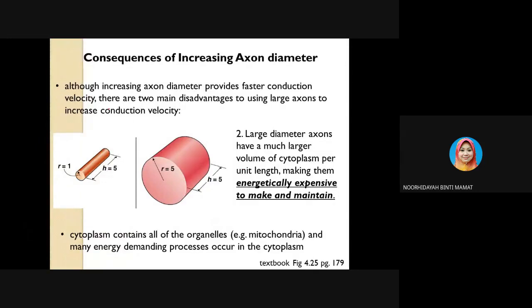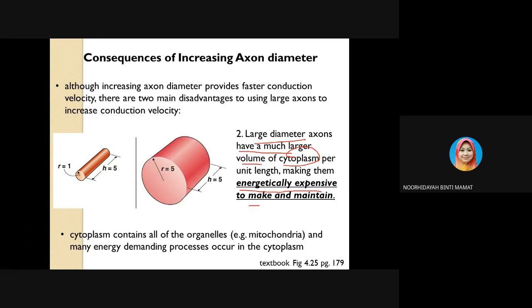And then the second disadvantage of having the bigger axon is that the large diameter axon has a much larger volume of cytoplasm per unit length. Then it will be energetically expensive to make and maintain.